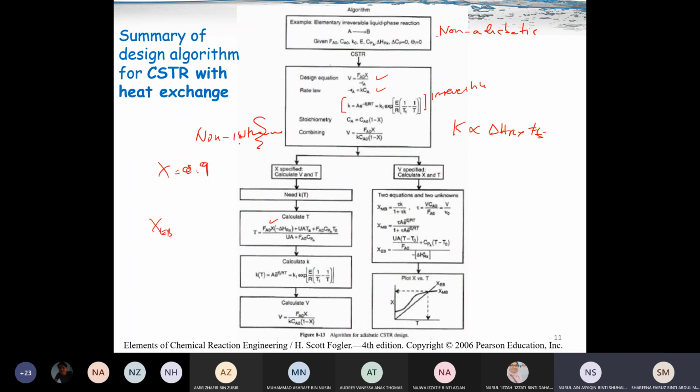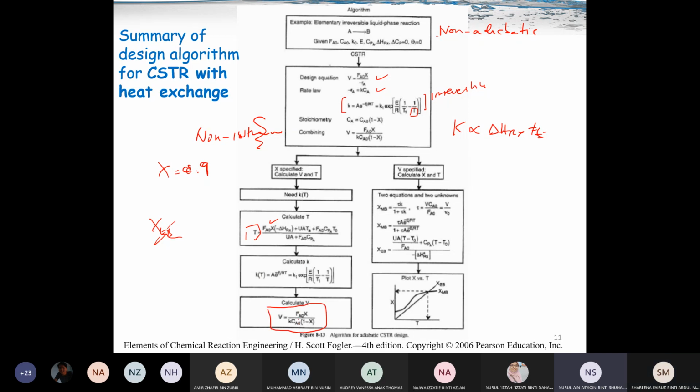Okay, so daripada situ, sebab apa you kena dapatkan T? Sebab T ni akan relate back to the K. Sebab T here, information ni kita tak ada. Okay, sebab T is not specified right now. Okay, so masukkan nilai T. Alright, here you will get the nilai of K. Alright, so once you get this one, you will be able to calculate the V here.